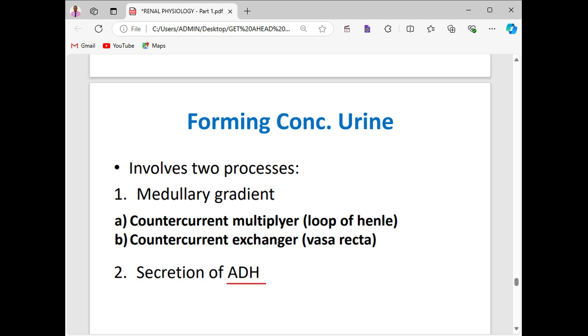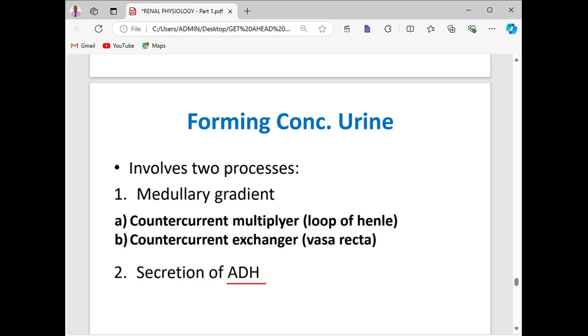Normally the distal convoluted tubule and the collecting duct are not permeable to water. But now the good thing is that ADH makes them permeable, which results in water reabsorption. So the water reabsorption which is induced by ADH is known as facultative reabsorption.